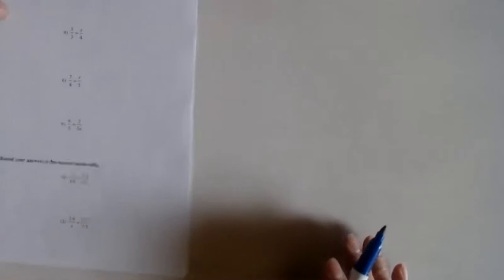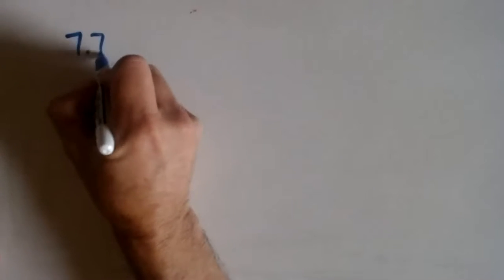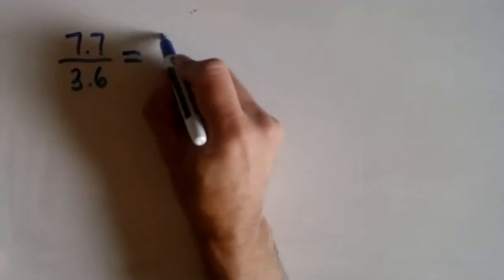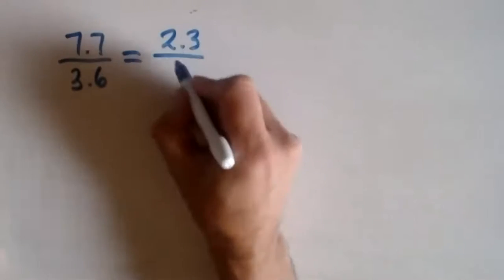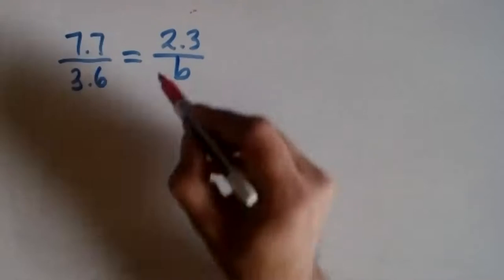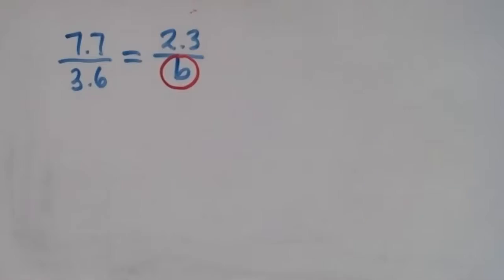These have decimals, so you necessarily need a calculator, correct? So you have 7.7 over 3.6 equals 2.3 over b. Again, you locate your variable. Here is the b.